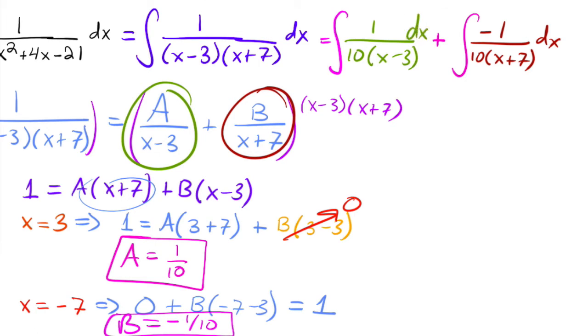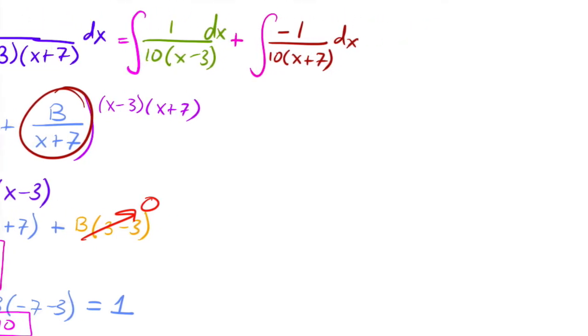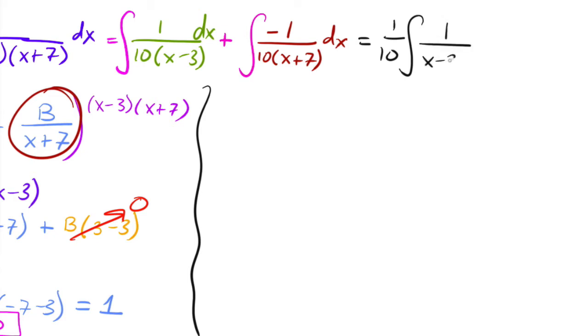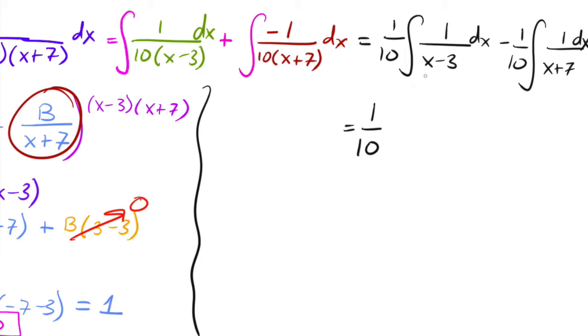Okay, so let me rewrite this then. Now what we have is these aren't too bad to solve. This is 1 over 10 times the integral of 1 over (x minus 3) dx, and then minus 1 over 10 times the integral of 1 over (x plus 7) dx. And the antiderivative of each one of these is relatively simple.